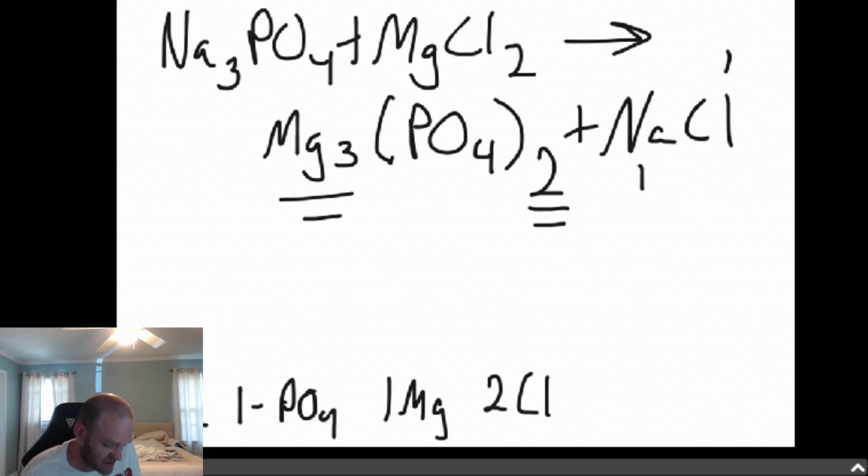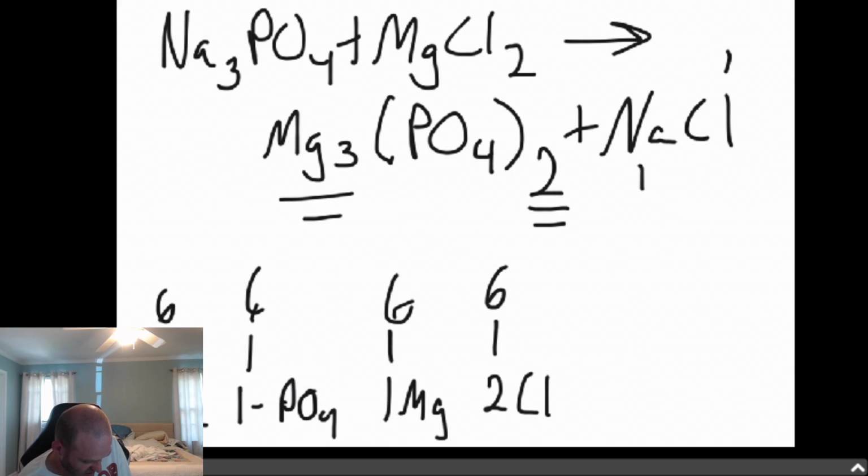So let's find the lowest common denominator or least common multiple. For these it looks like 6, right? So if I say 6, 3 can go into 6, 1 can go into 6, 2 can go into 6. Looking up here, 3 can go into 6, 2 can go into 6, and so on.